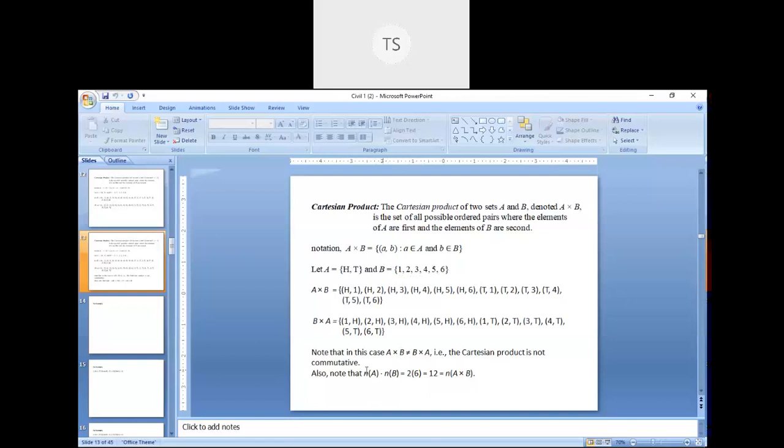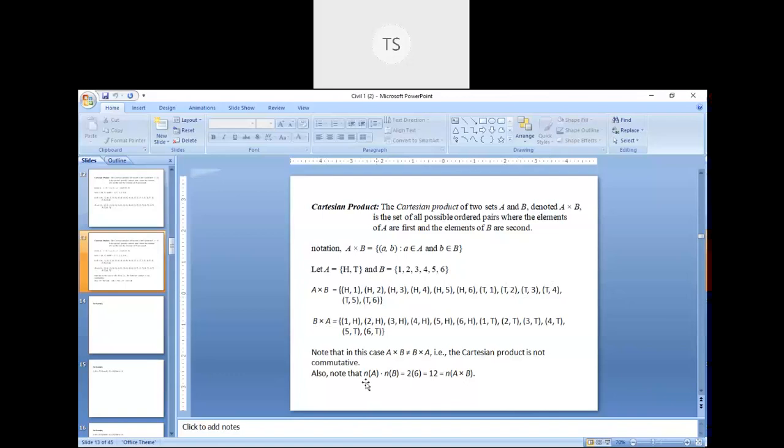So number of elements in set A into number of elements in set B, that is 2 into 6, is equal to 12. Now if you count the number of elements in A cross B, see how many elements are there? 1, 2, 3, 4, 5, 6, 7, 8, 9, 10, 11 and 12. Similarly, number of elements in B cross A also you will get 12.